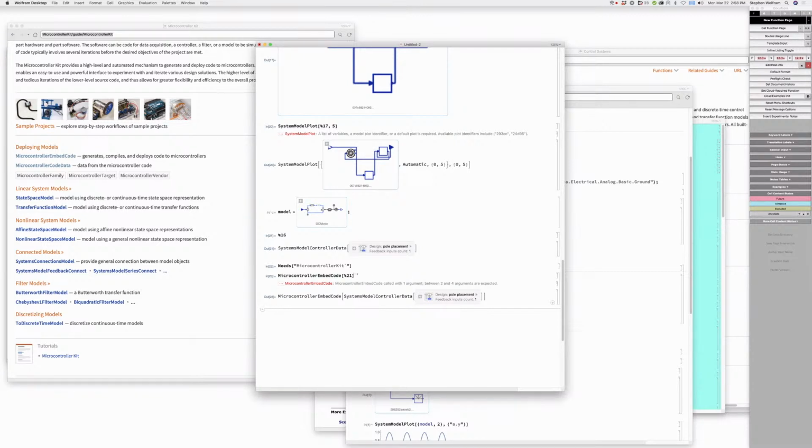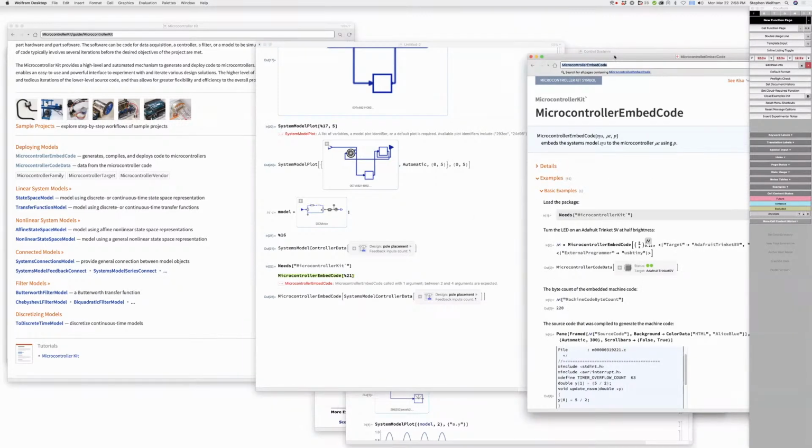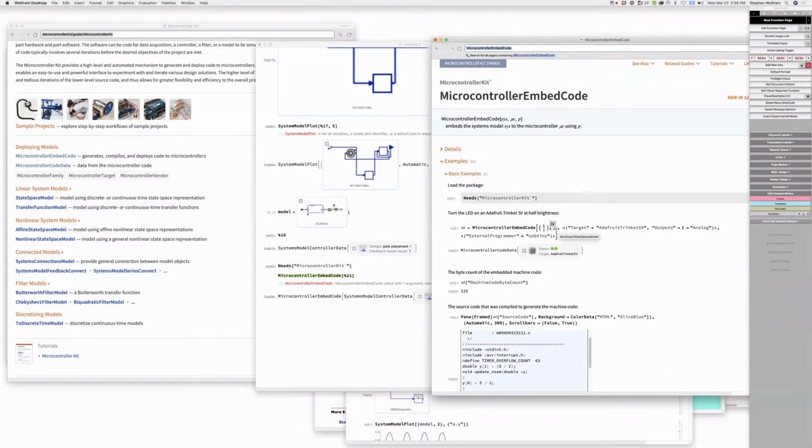We need to pick out the actual controller and then also say to which pins of the microcontroller we need to connect those. Why exactly is this thing, if it needs between 2 and 4 arguments, not giving a red caret there? Okay, I'll look into that. Okay, so what do I give here anyway? So I give a target here? Yes. Okay.